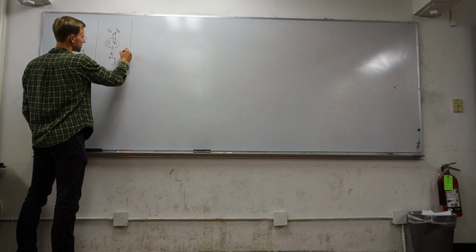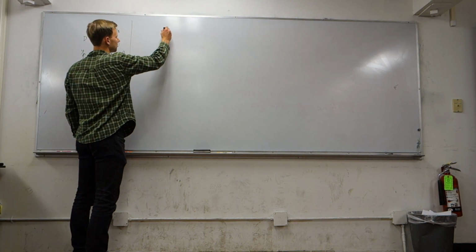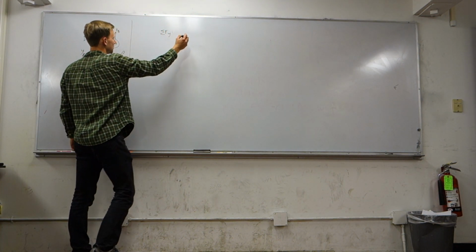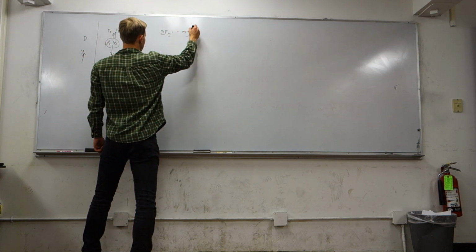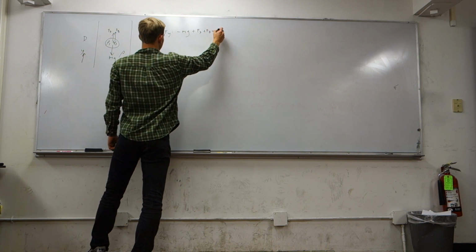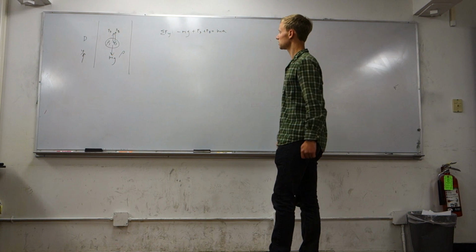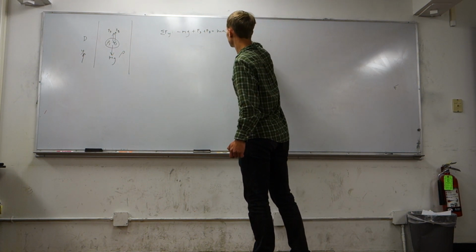And we'll say it's submerged in some fluid with density rho. So we can do our force balance in the y component. Negative mg plus Fd plus Fb equals ma. And we're saying we're going to reach terminal velocity, so the acceleration is 0.